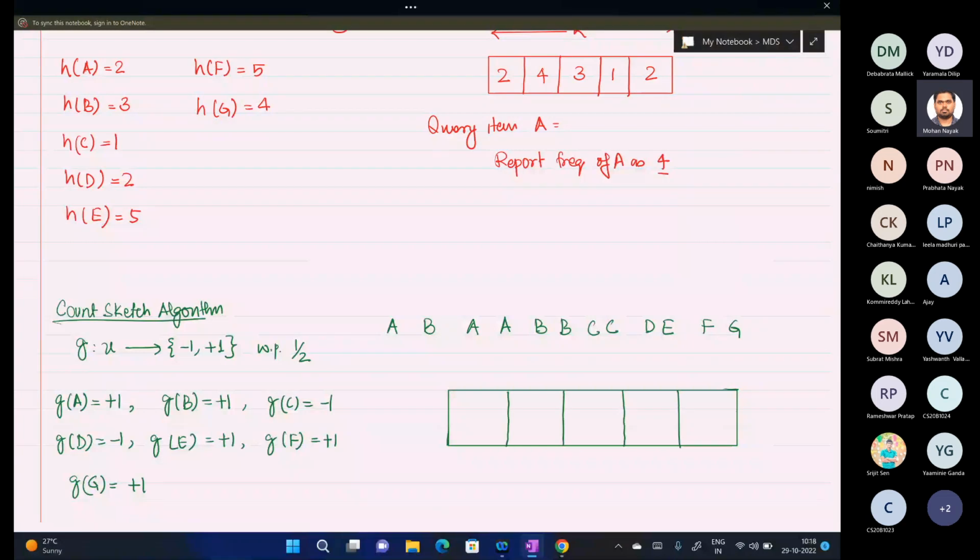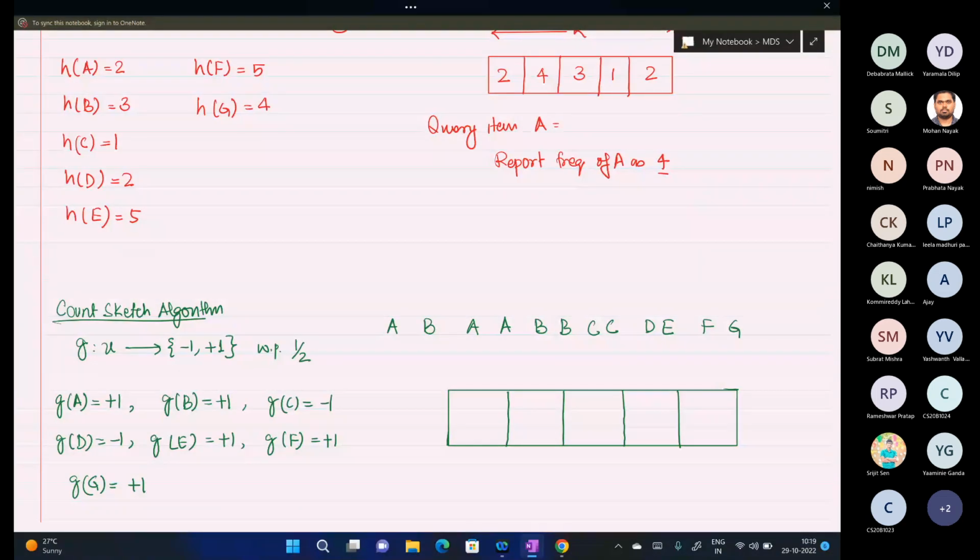One quick question: how did you decide the +1 and -1 for G? Yeah, the motivation of using G is so that our estimate becomes unbiased. Our count-min sketch algorithm gives an overestimate. So we want a random variable which estimates the frequency of the query item, and whose expected value is the same as the ground truth.